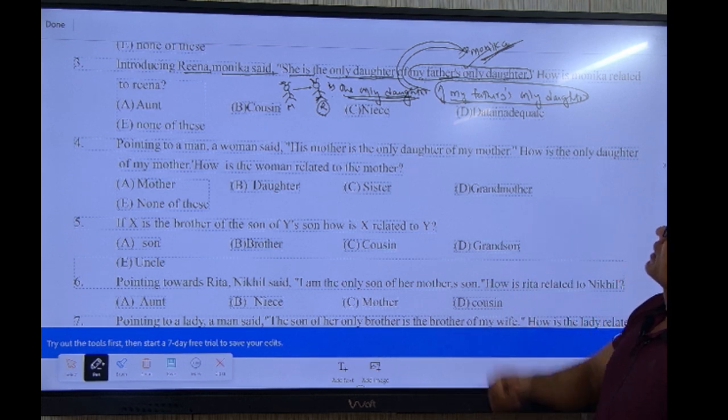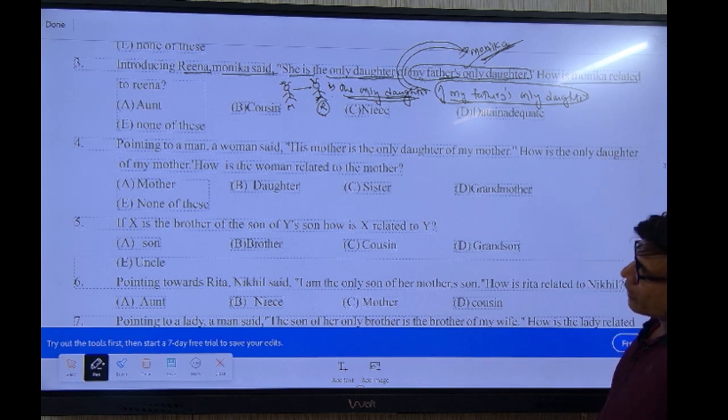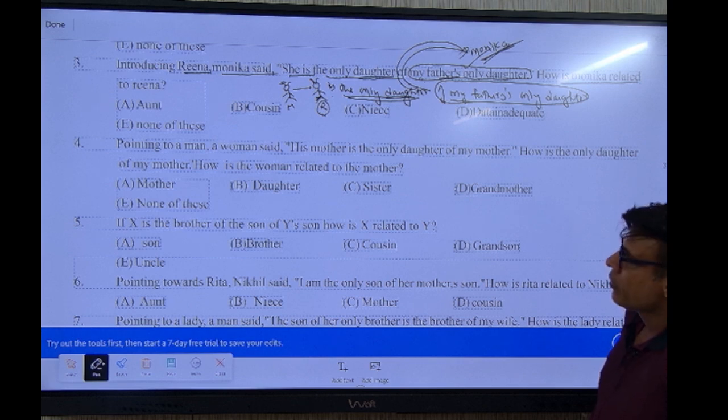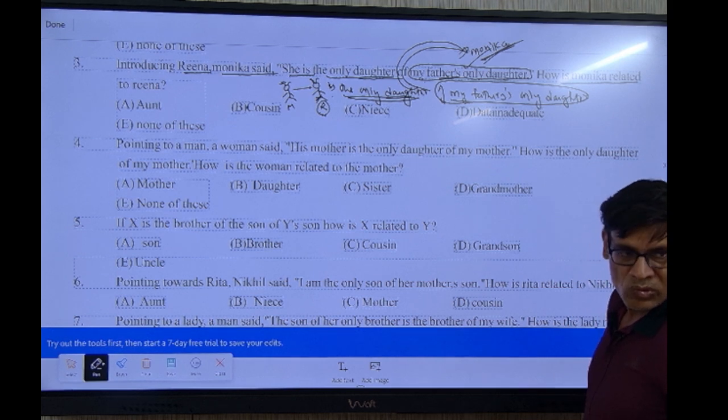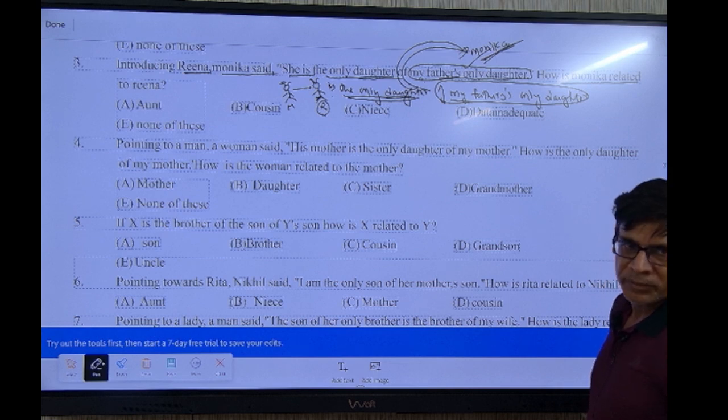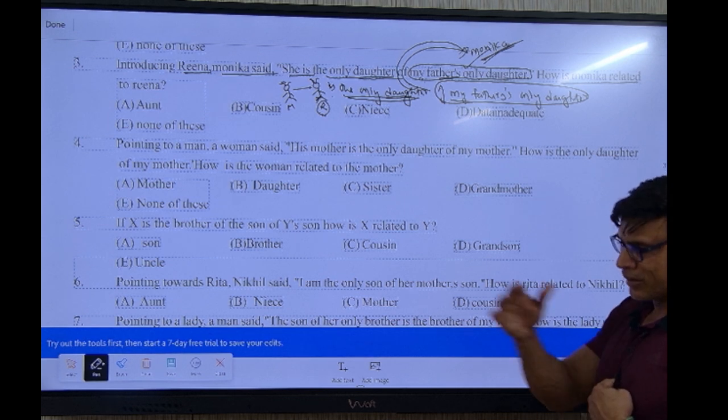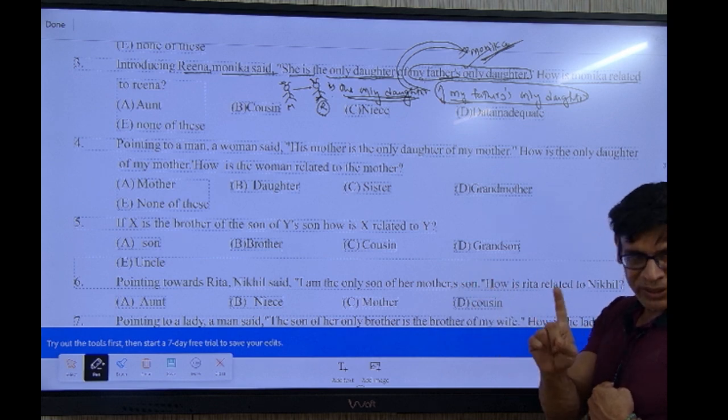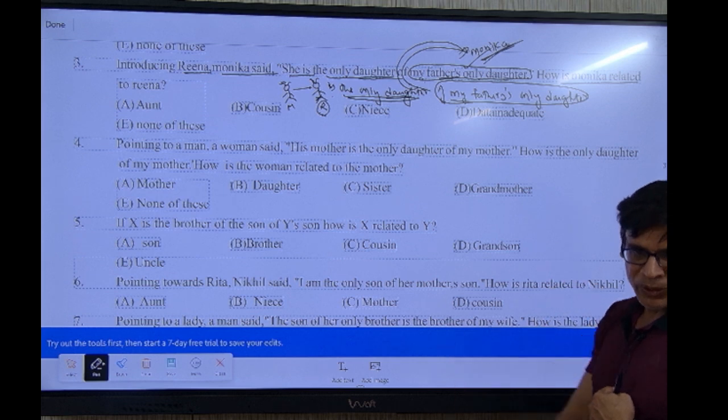So in this case, how is Monica related to Reena? She is the only daughter of my father's only daughter, or she has only one daughter. So the answer has to be E. If I'm Monica, I'm saying that Reena is the only daughter of my father's only daughter.